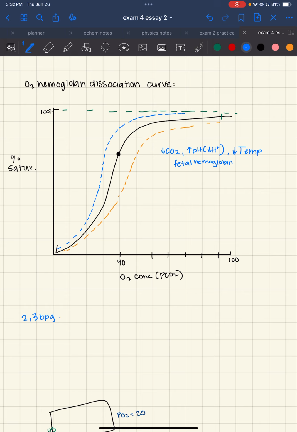It binds to all four chains rather than just one. Like the carbon dioxide can only kick one oxygen off. 2,3-BPG binds to all four chains and kicks oxygen off hemoglobin.